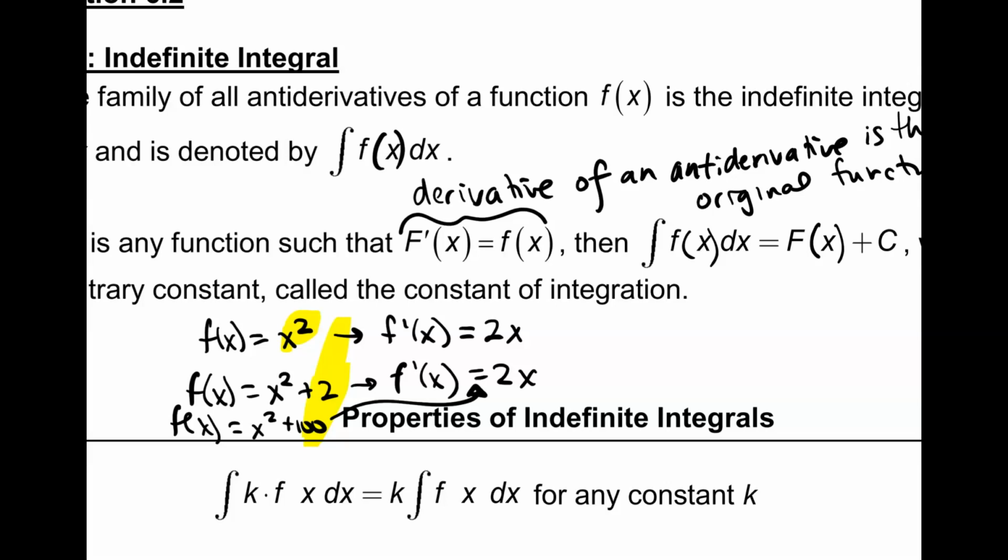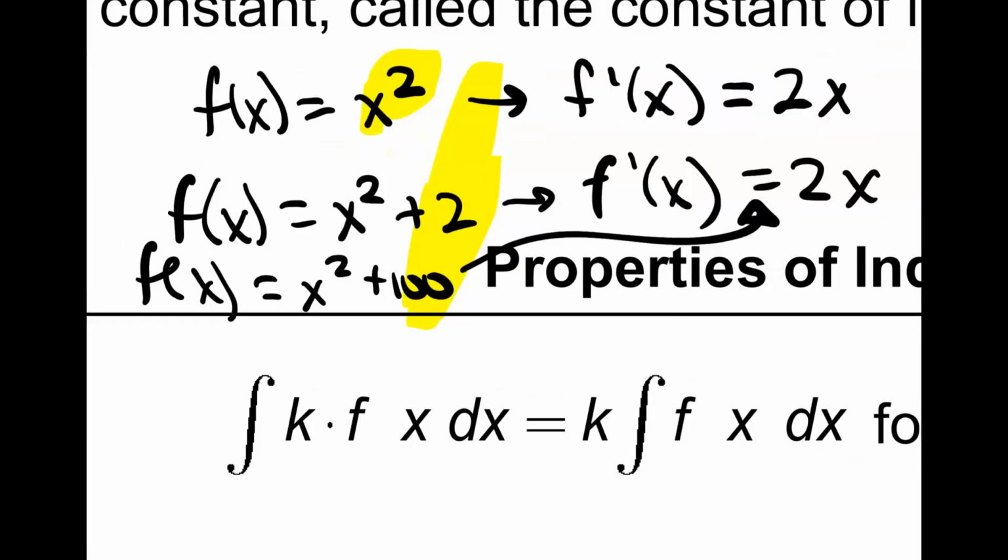So if I start with 2x and take the antiderivative, aka the integral, I'm not just going to have one function. My original function could be x squared, x squared plus 1, x squared plus 100, x squared minus 50. I don't know what constant I'm adding or subtracting. That's where you need an initial value.